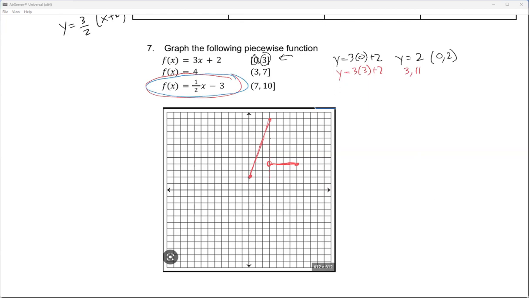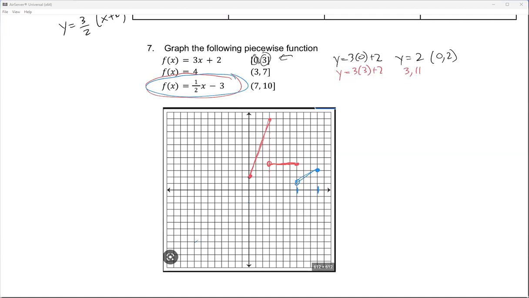So you go down 1, 2, 3, go up 1, right 2, graph this line right here, and then just erase everything that's not between 7 and 10. So I'm thinking 7's right here, and 10, 8, 9, 10. So just erase everything, and make sure you put an open circle here and a closed circle here. Cool.